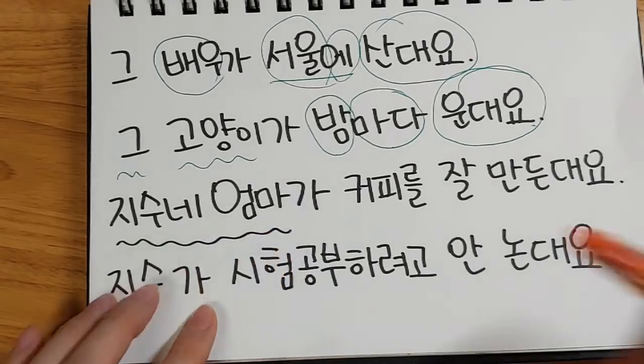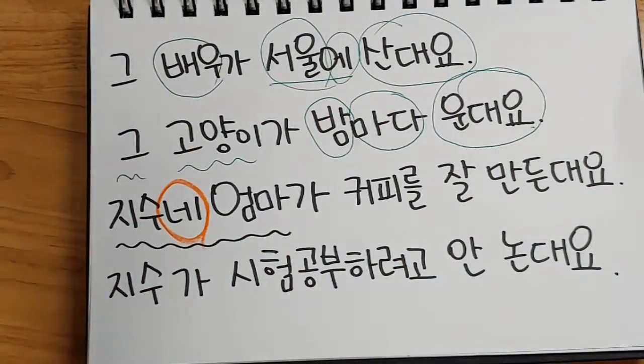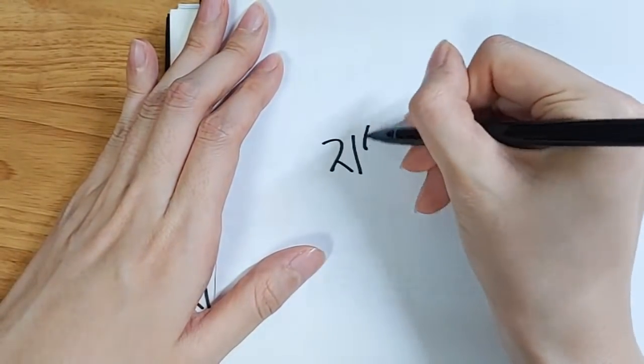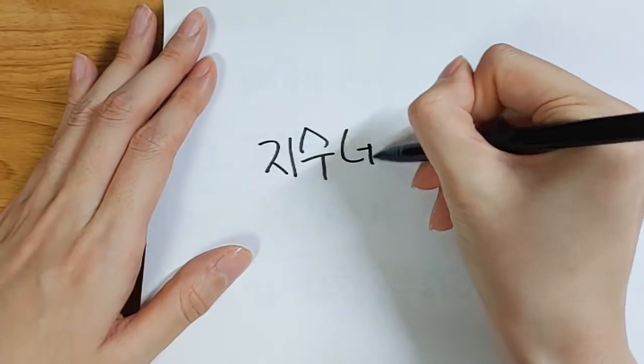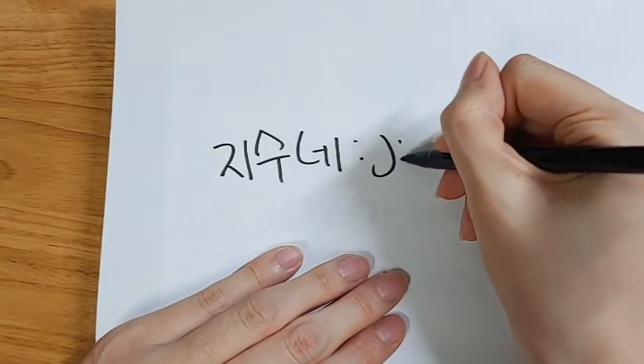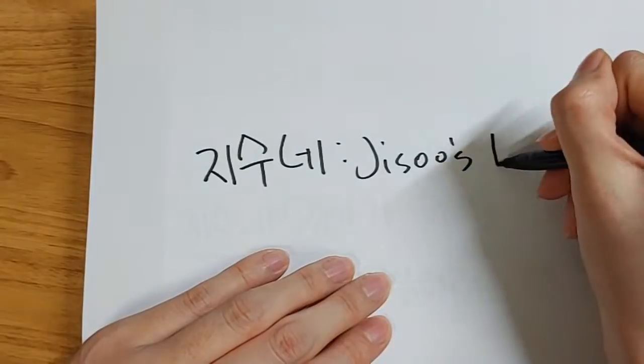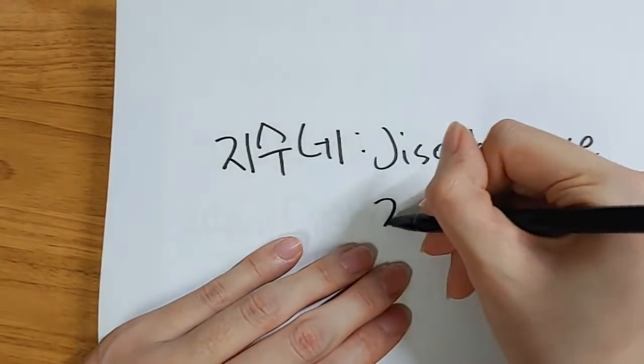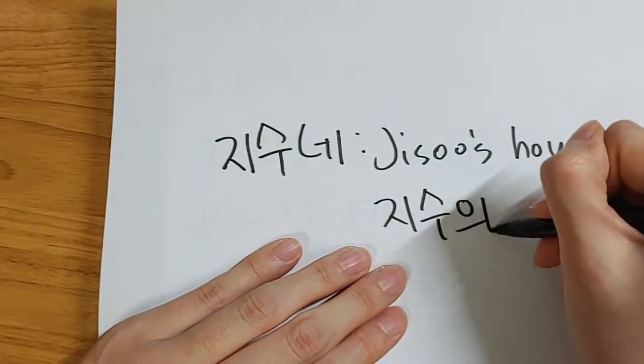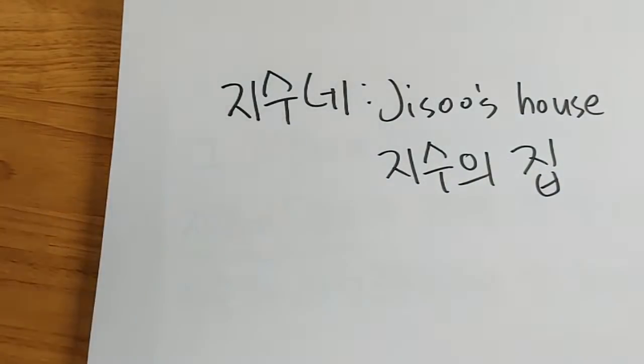And here you might be wondering, what is 네 here? 네 is actually used to mean someone's house. If you say 지수네, it's another way to say Jisoo's house, the same as 지수의 집.